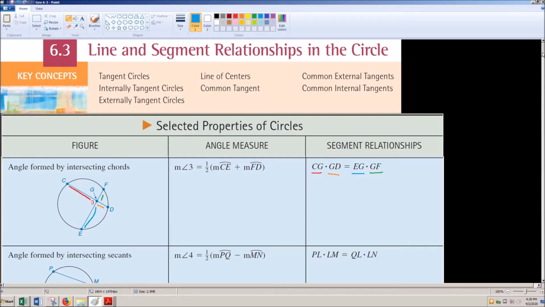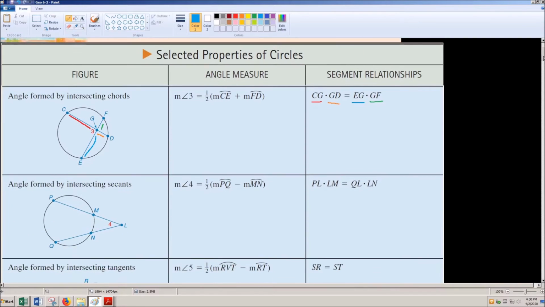The next big thing I want to point out is that we have intersecting secants, so two lines that go through 2 points on the circle. PL, the long red line here, and then LM, the short orange line, for the top.